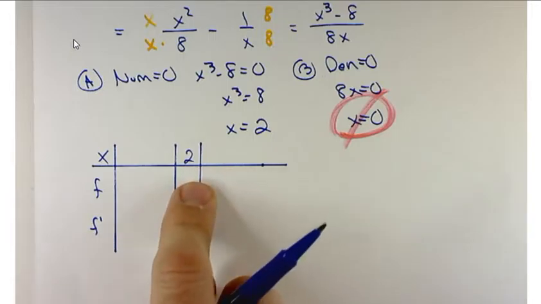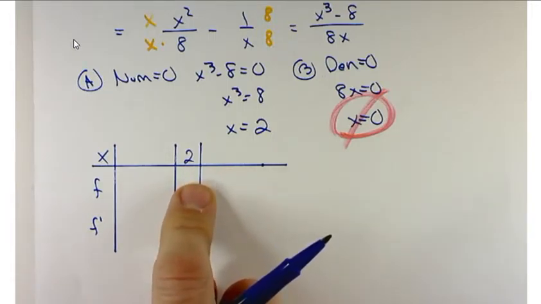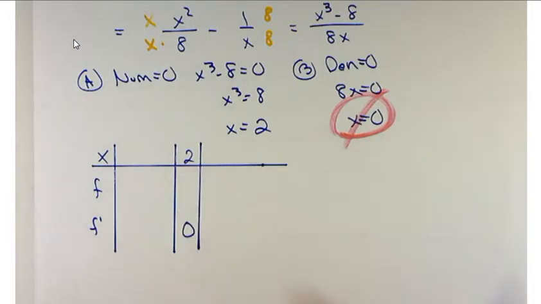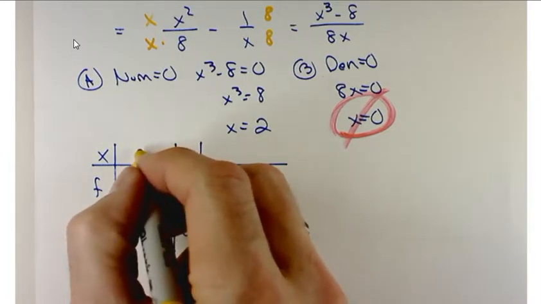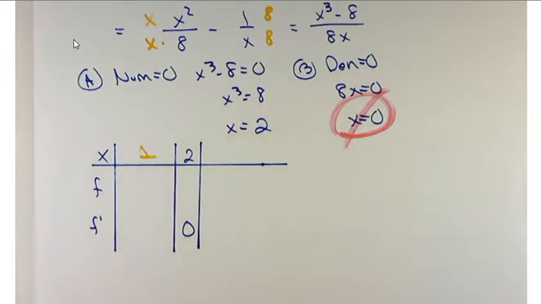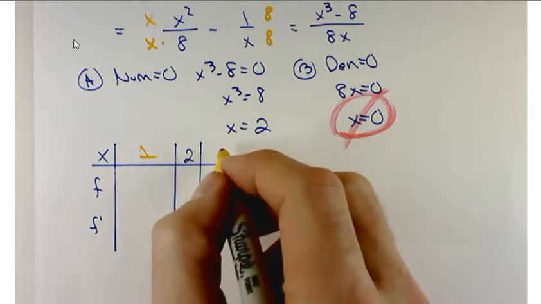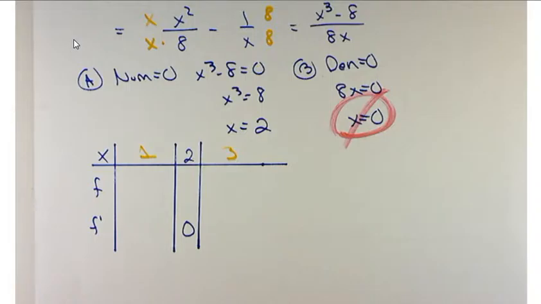I'll have to go back and figure out what f is. I need to test points on either side. So what will be some good test points here? 1 and 3? Sure, 1 and 3.